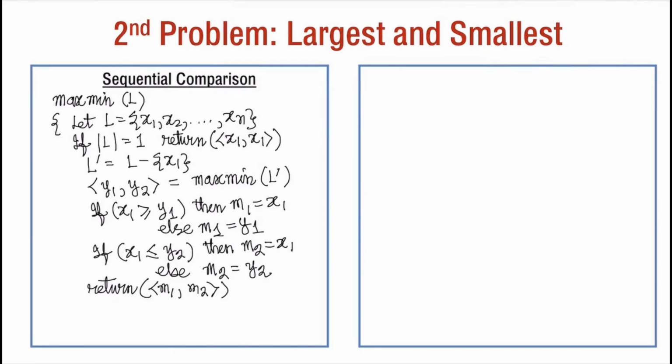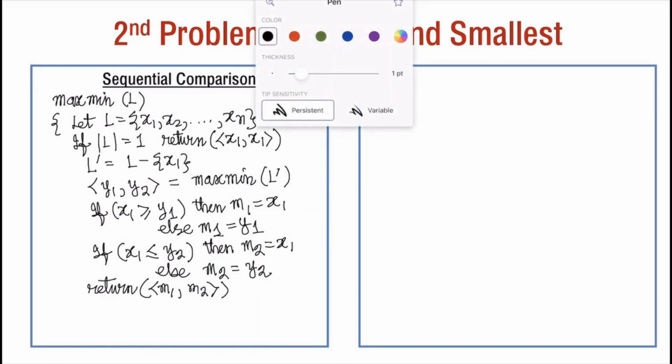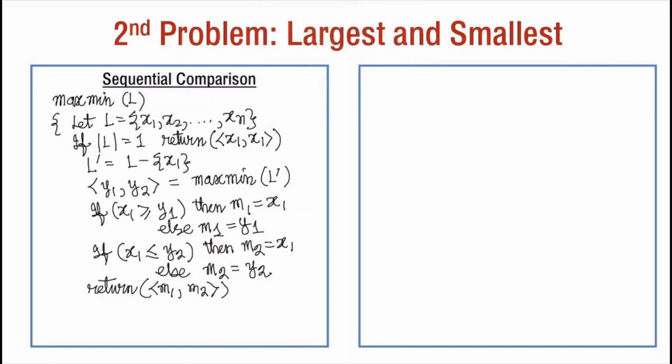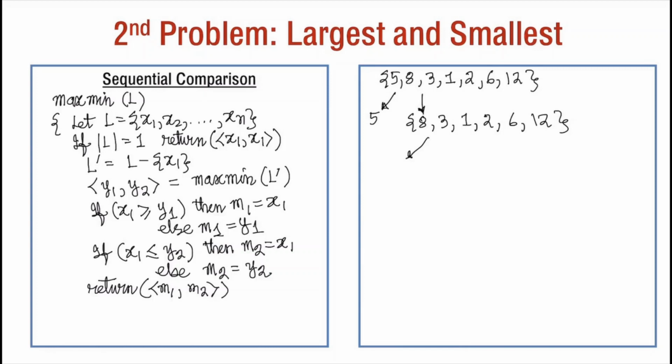Let us now see how this algorithm works with our previous example. So our previous example was 5, 8, 3, 1, 2, 6, 12. So in this example, we first take out 5 and we recurse on the rest. Then we take out 8, we recurse on the rest.